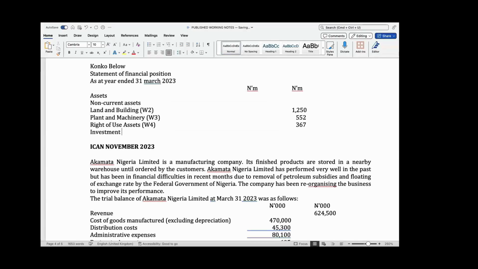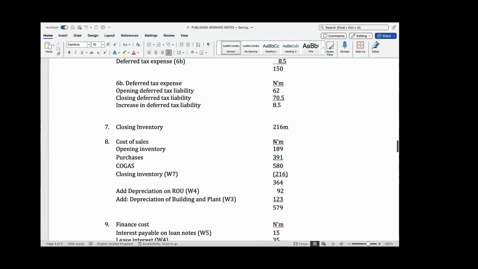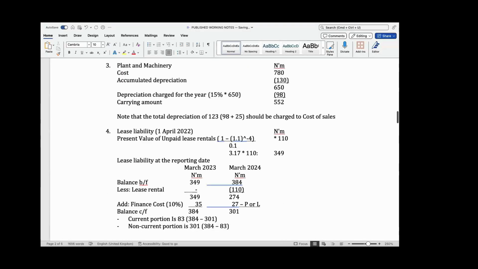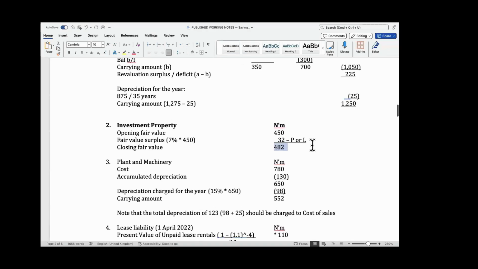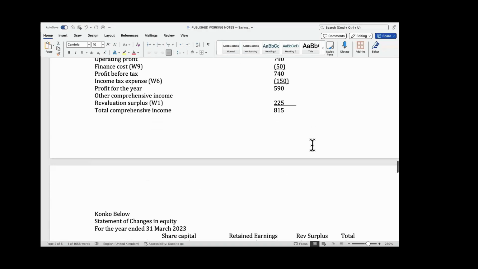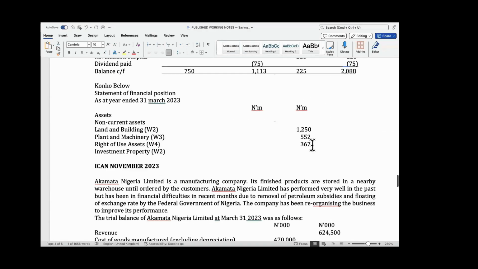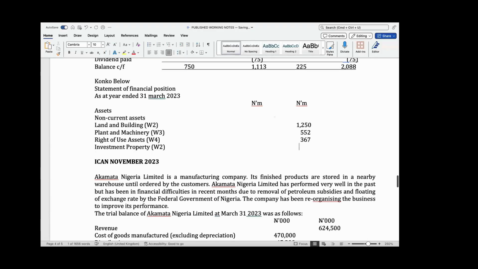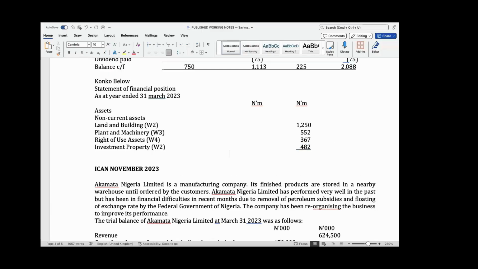Then my investment property from workings 2 is 482. So what's the total of everything? 2651.